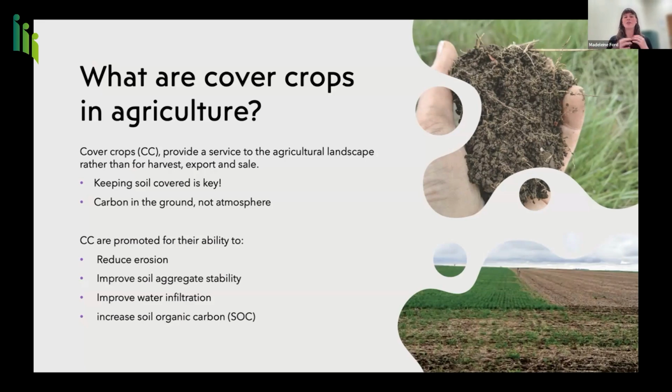And so keeping the soil covered is really important. Cover crops have been promoted for their ability to reduce erosion and improve aggregate stability, as well as improving water infiltration and increasing soil carbon to an extent. But that's where there's a little bit of confusion within the research.